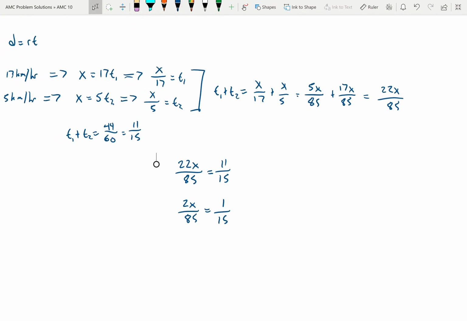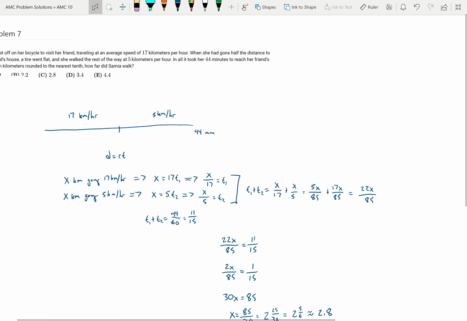Further manipulating the equation, I get 30x is equal to 85. Now x is equal to 85 over 30, which is the same thing as 2 and 25/30ths, which is equal to 2 and 5/6, which is about, to the nearest tenth, 2.8.